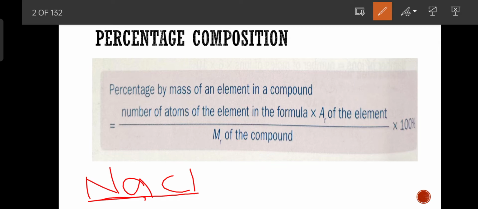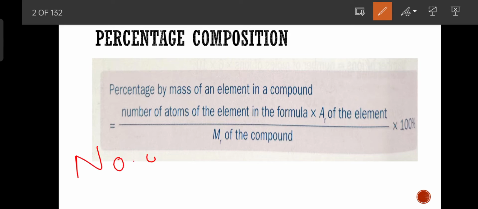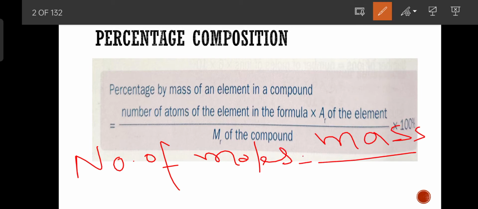You will know how we can find the number of moles. To find the number of moles, we use the formula: if you are provided the mass in grams or in kilograms or in milligrams, number of moles is mass in gram divided by molar mass. And molar mass is the same as the relative molecular mass or the relative formula mass.